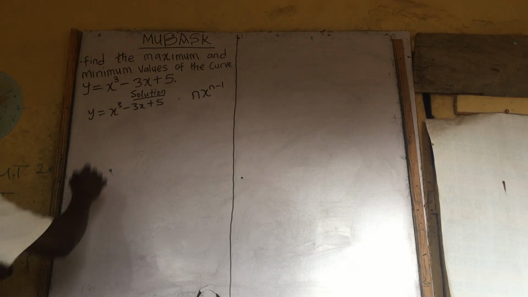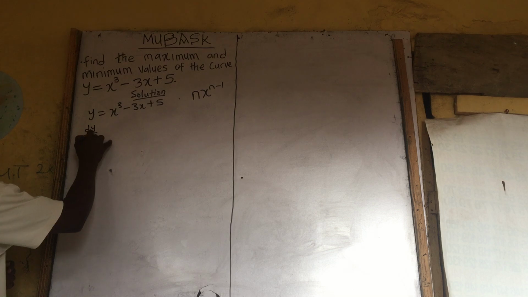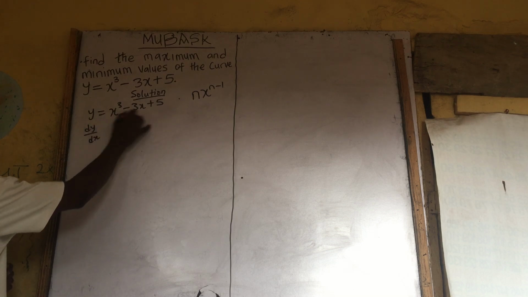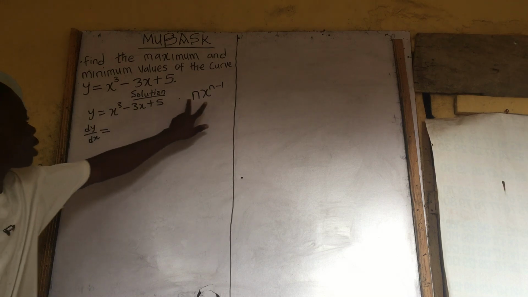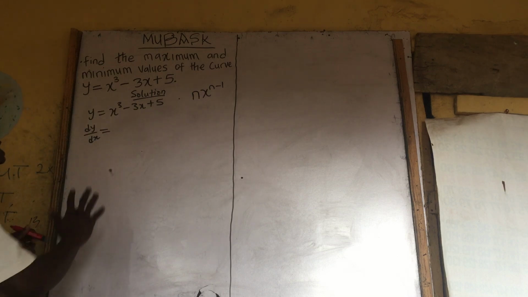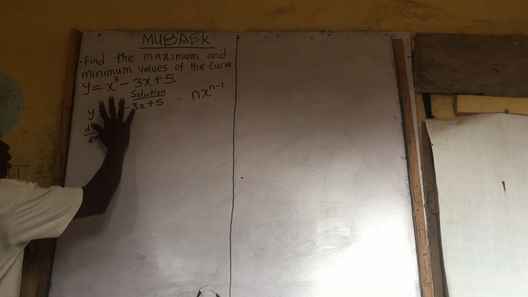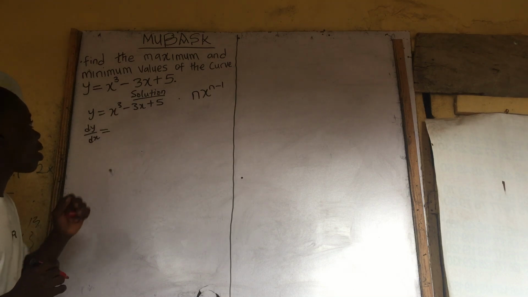Now let us differentiate it. dy over dx, where the value inside is x cubed. Let us use this general formula to first solve x cubed.